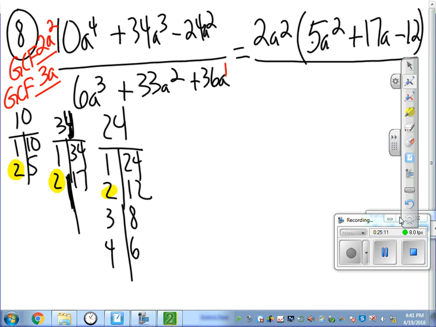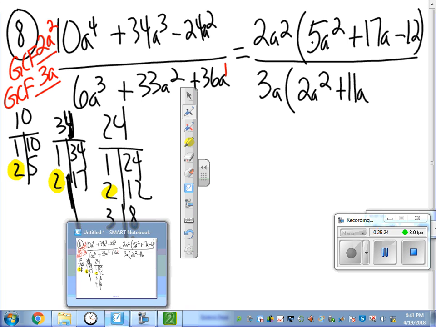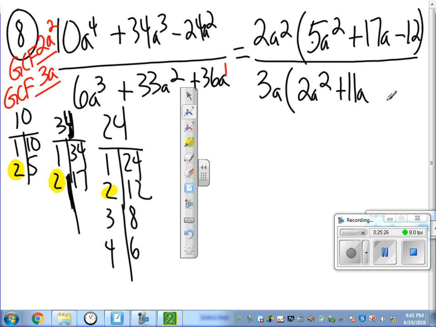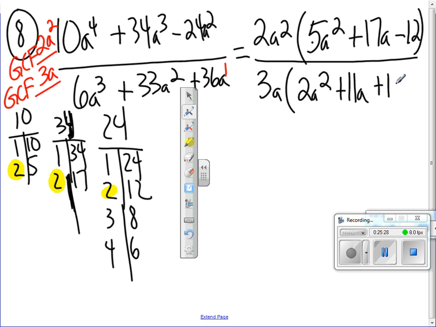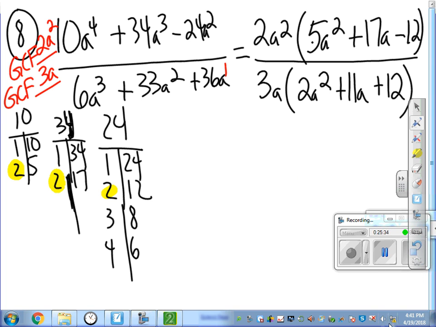Now, let's see what shakes loose when we take out 3a. We're going to be left with 2a squared plus 11a plus what? Plus 12, right? Okay, in a previous example and in class, I have already demonstrated how you get this once you find the GCF.